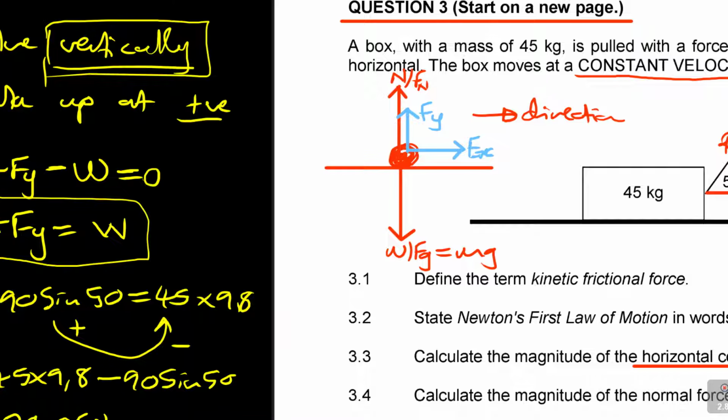Now friction always opposes motion, so where will friction be going? In the opposite direction. So going back is what? Is our F. In this case it's our Fk, but it's friction. So now again, whenever we're dealing with friction, you have to resolve horizontally. You are looking at these two forces.